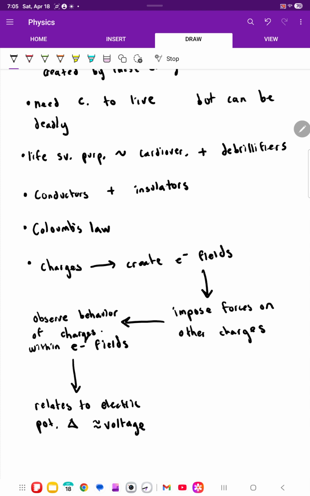So we know charges create electric fields, and the electric fields exert forces on other charges.